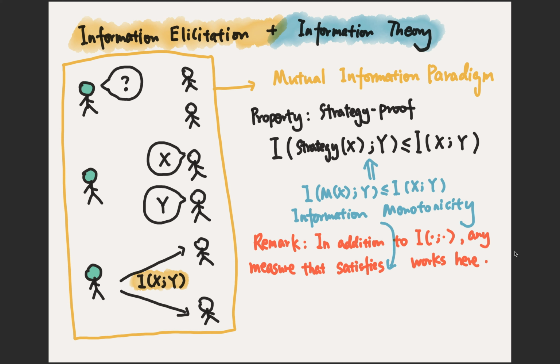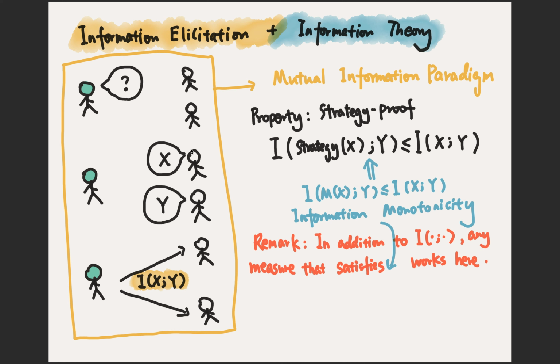Okay, so now let's talk about information elicitation plus information theory. This is one of the most important things in my previous works. It's called the mutual information paradigm. So the idea is simple. First, the requester asks the crowds some questions.